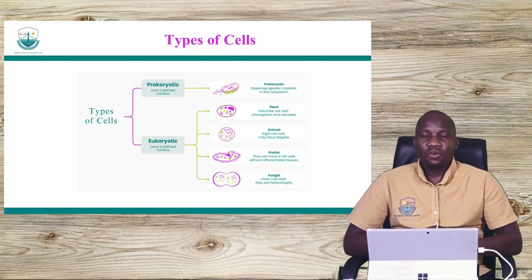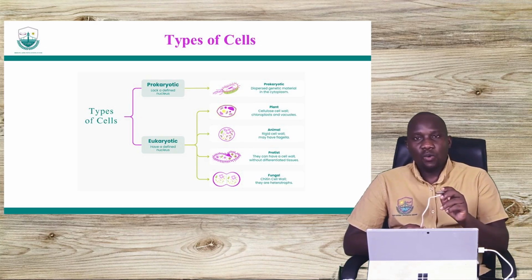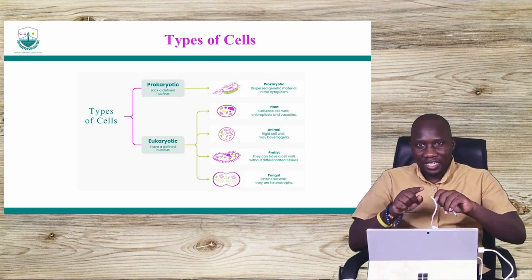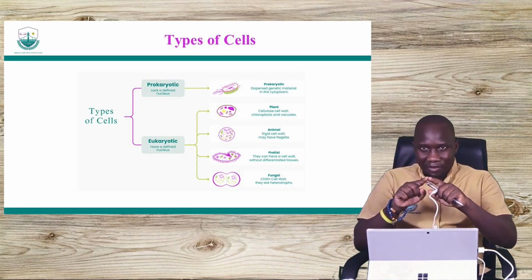The major distinguishing feature is that the prokaryotic cell lacks what you call a membrane-bound nucleus. They lack a well-defined nucleus. When we say defined, it means that it's bounded.